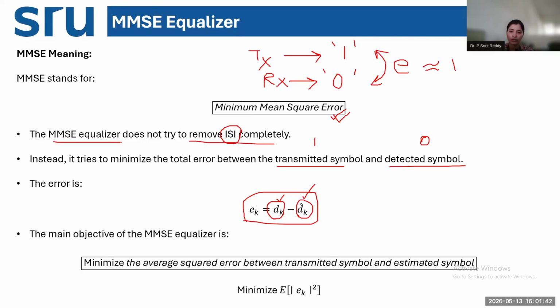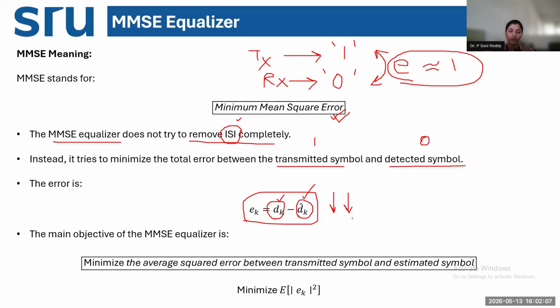How is it performing better? It is focusing not only on this ISI but on the overall error in the received signal compared with the transmitted signal. So it will calculate the error between the detected symbol and the transmitted symbol, and it will try to minimize this error. Minimize means make it as small as possible.